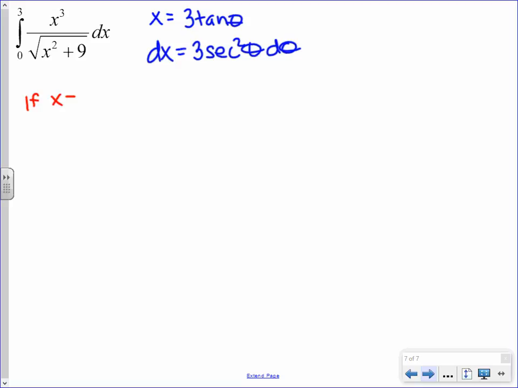So if x equals 0, we have 0 equals 3 tangent of theta, which means tangent of theta equals 0. When is tangent of theta equal to 0?